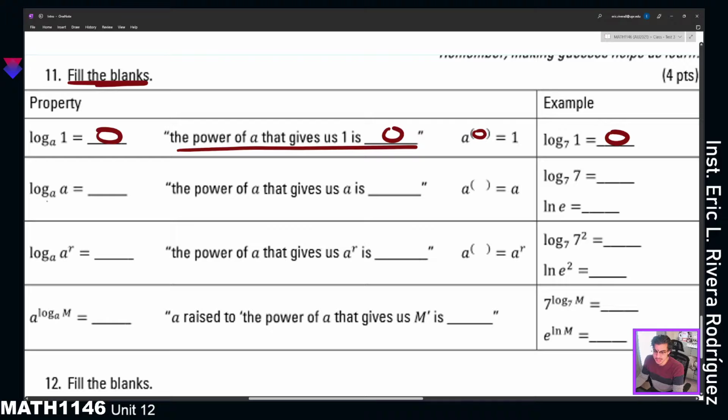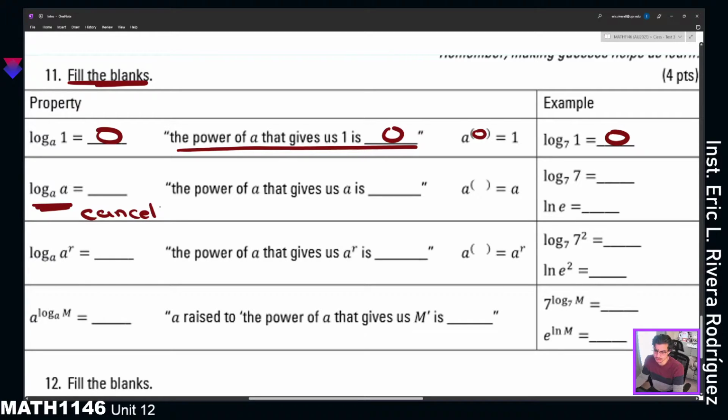Log base a of a. This one is important. We are going to use this property to cancel bases on the equation.